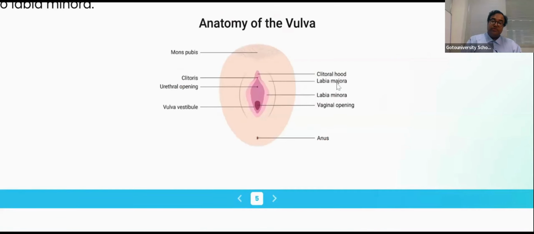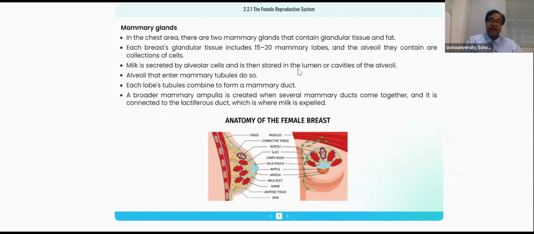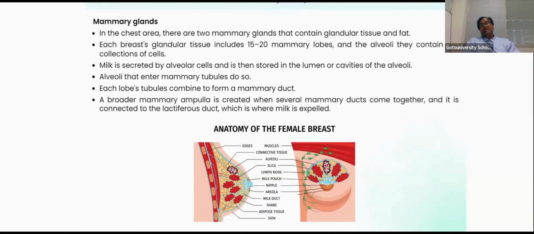Now we are entering into the next important concept, which is nothing but the mammary gland. It is nothing but the milk production information we are going to discuss. We know very well the mammary gland is very, very important for the milk production to happen.